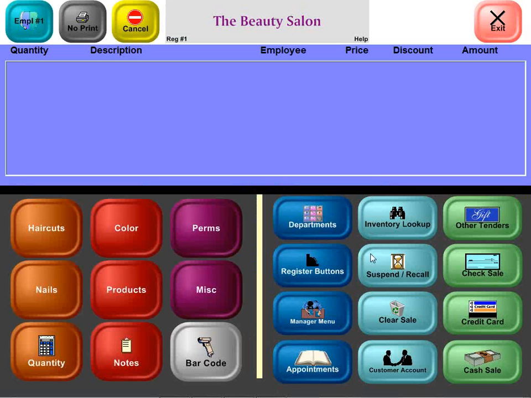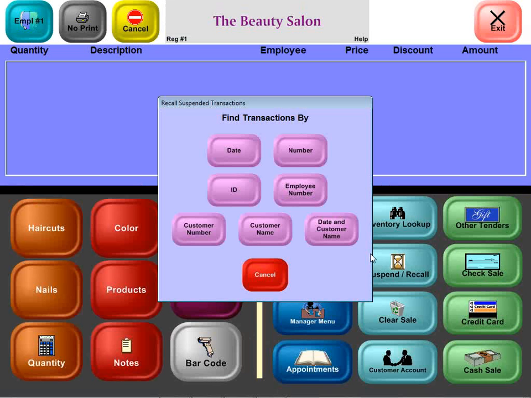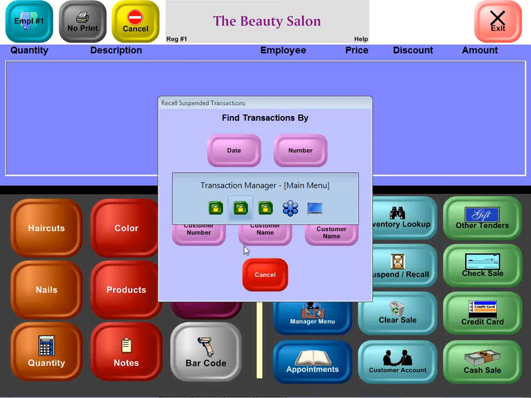Let's show you that for a second. You can recall them by date, by the number that's printed on the ticket if you gave them one. If the sale is not linked to a customer record, we will prompt you for an ID. Usually it's the person's first name, but it's whatever you want to put in. And you can recall it by that, by the employee, by the customer number, the customer name. So lots and lots of ways to recall suspended transactions.